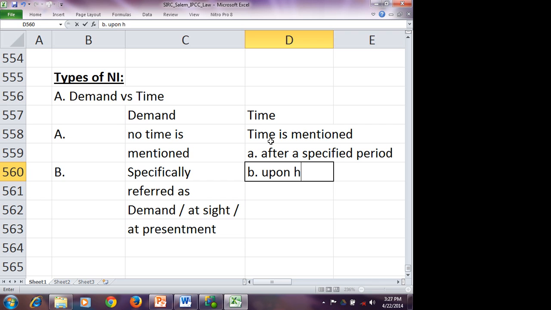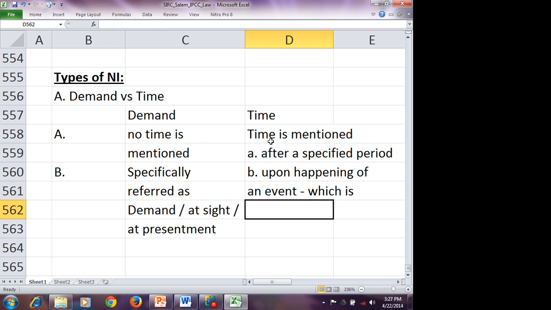or upon happening of an event which is certain to happen.